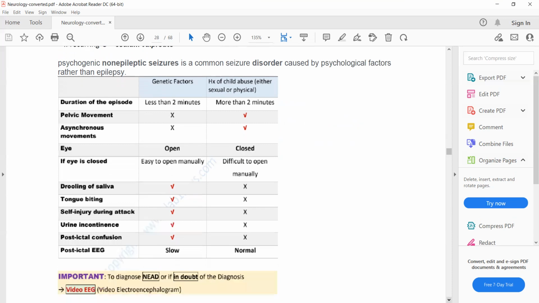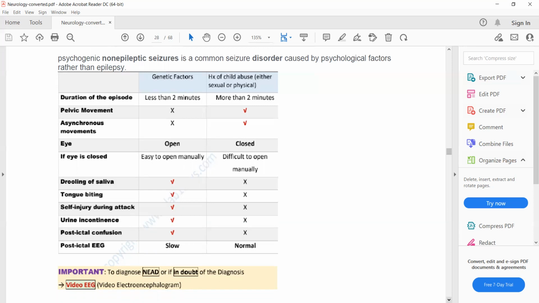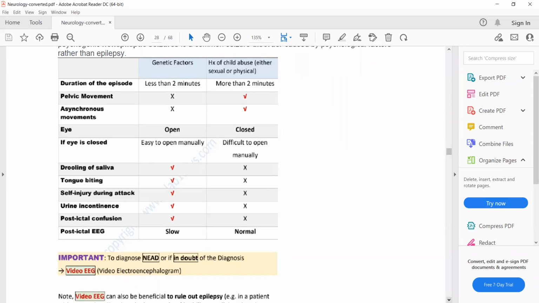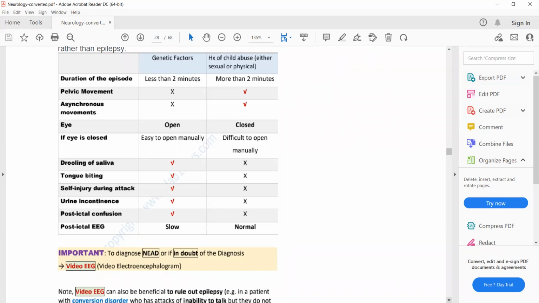The features that are important to remember to differentiate between epilepsy and non-epileptic attack disorder are that during epilepsy there is drooling of saliva, there is tongue biting, there is urine and fecal incontinence, and there is post-ictal confusion.